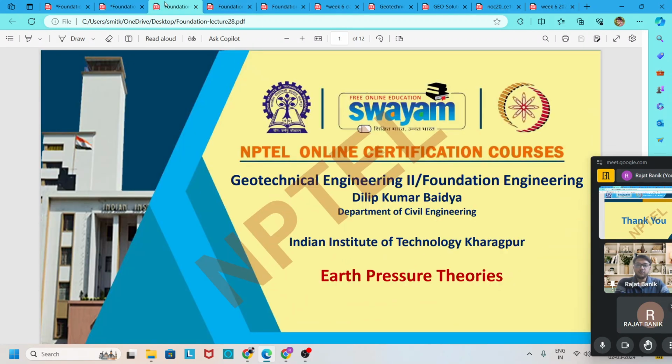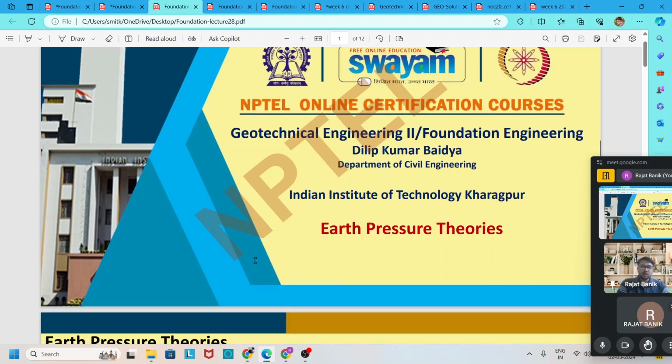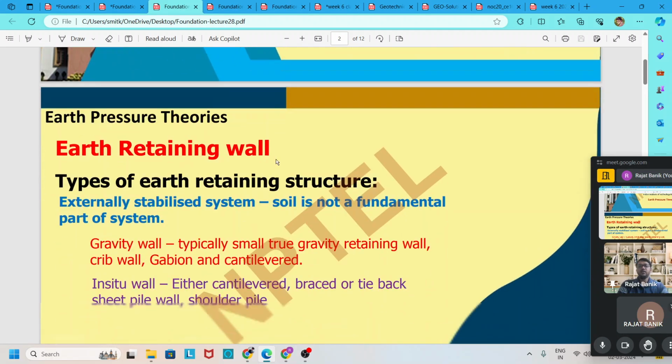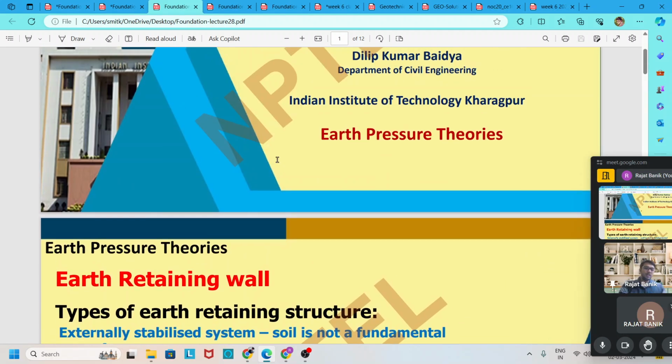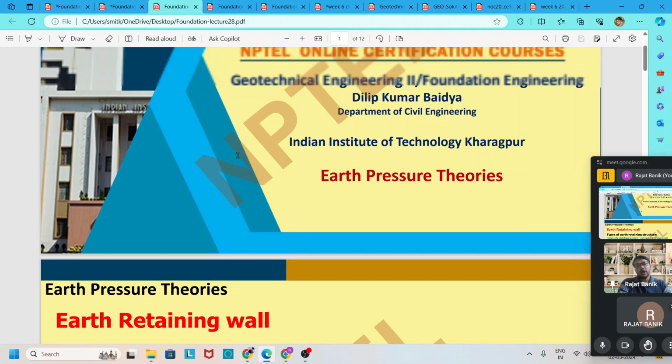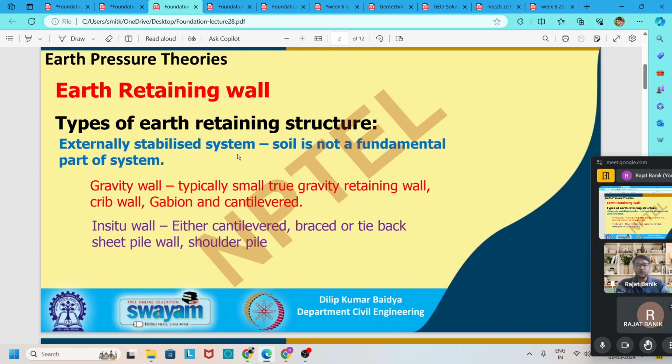Now we move on to lecture number 28, where there is a new topic called earth pressure theory. In earth pressure theory we deal with the pressure generated on earth retaining structures and what safety measures we have to include in our design during the construction of this type of structure.